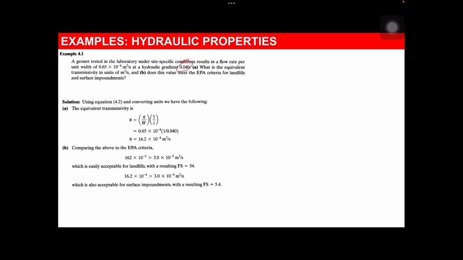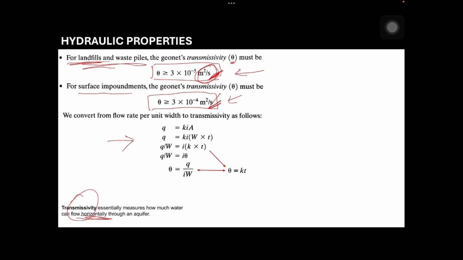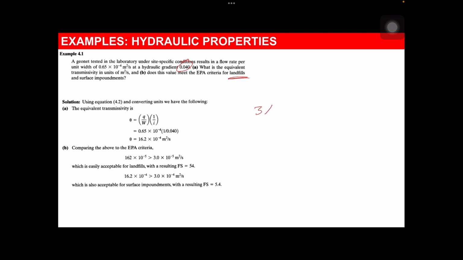So, question number 1, what is the equivalent transmissivity in units of square meter per second? And number 2, does this value meet the EPA criteria for landfills? So, ito yun. Ano ba yung criteria natin? 3 times 10 negative 5 meter per second. Okay.